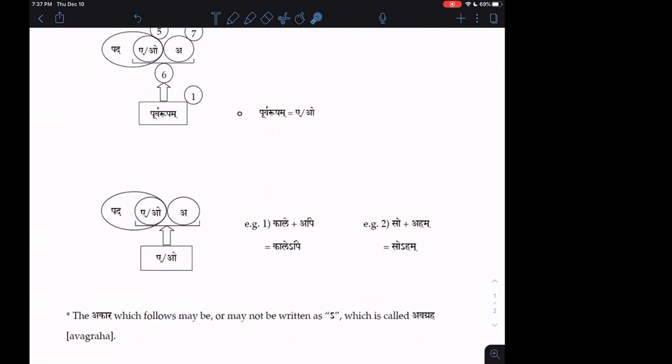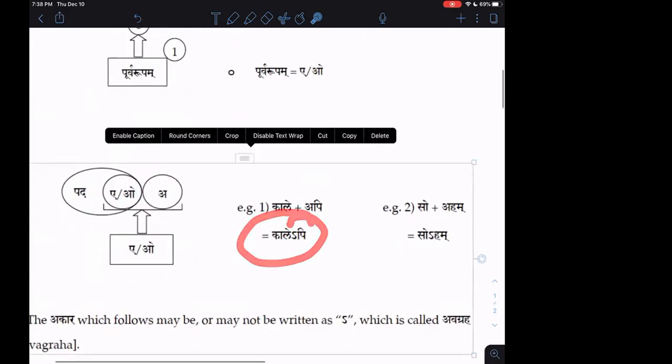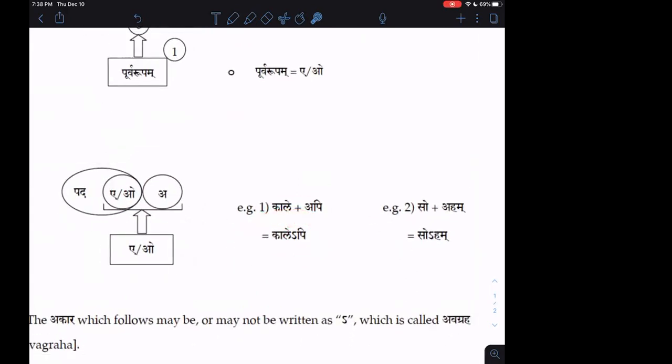So here's an example. Here's what it looks like. This is the same thing really here, A or O next to A, and either A or O is going to replace both of them. So here are some examples. We have kale plus api. It becomes kalepi. Now, when that akara, which was following, is no longer there, it could be written as this S looking symbol.